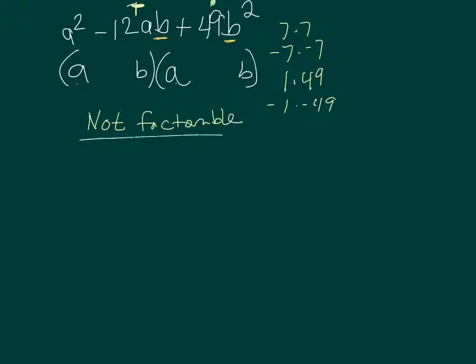And I'm kind of glad we did this one, because we got to see something that was not factorable. But I also want us to see something that works out too. So let me see if I can find another one real quickly here.